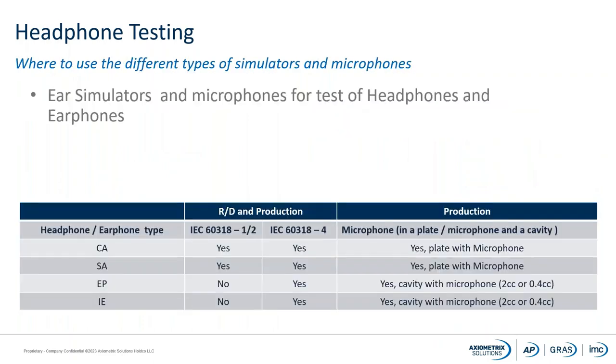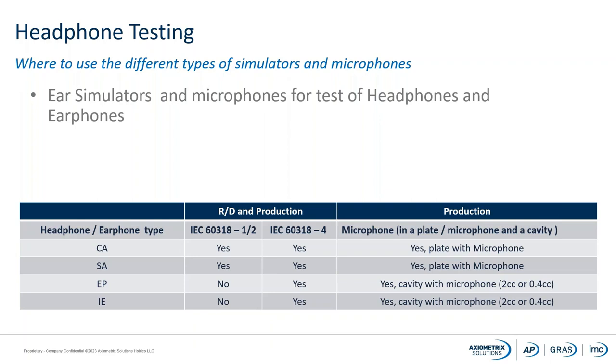If we have a little overview of the different ear simulators and microphones, and where we can use them in the different phases. In the R&D phase and in the production engineering phase, we will normally use an ear simulator, and it could either be the IEC 60318-2 or -1.